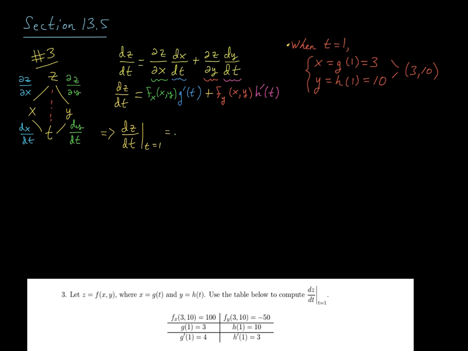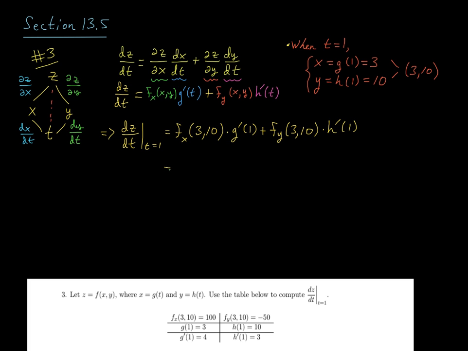So this is going to be f sub x at (3, 10) times g prime of 1, and then I'm going to add to that f sub y at the point (3, 10) times h prime of 1.